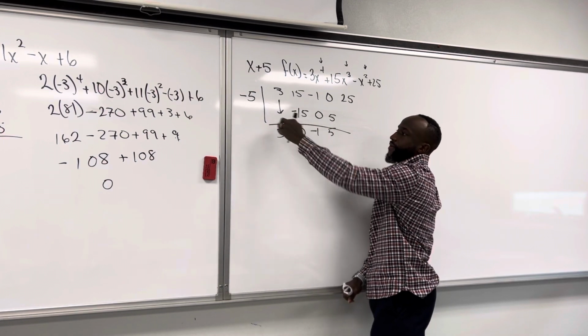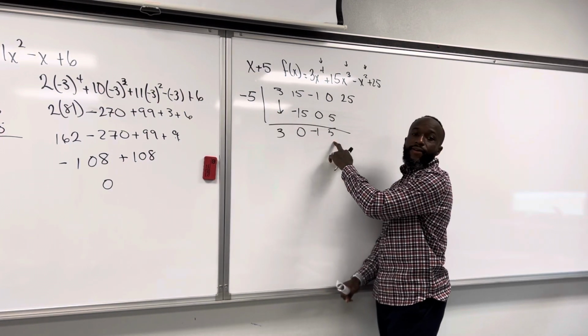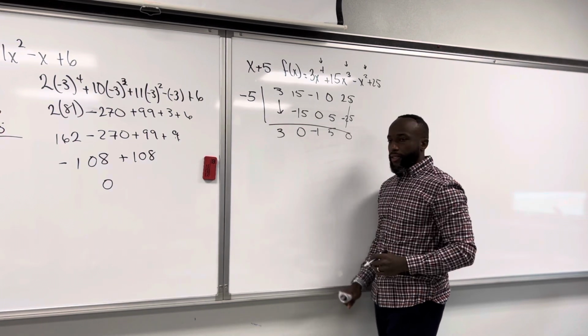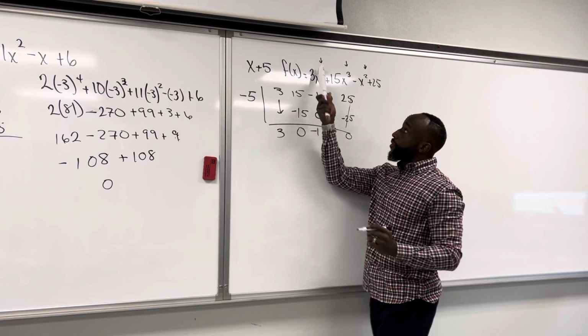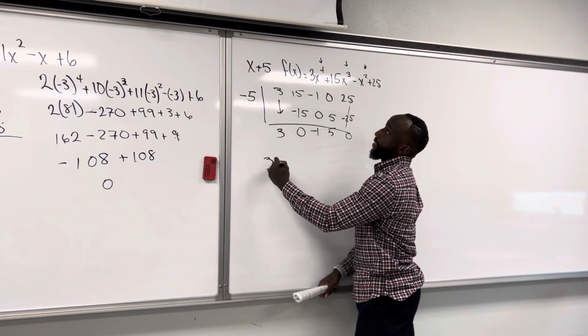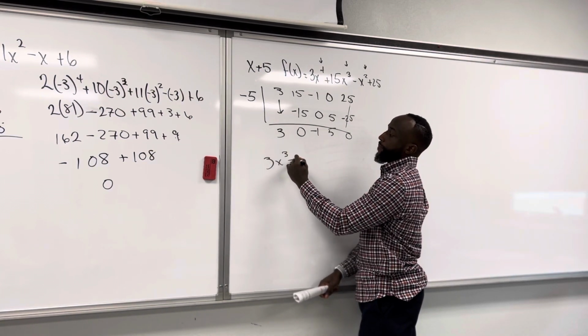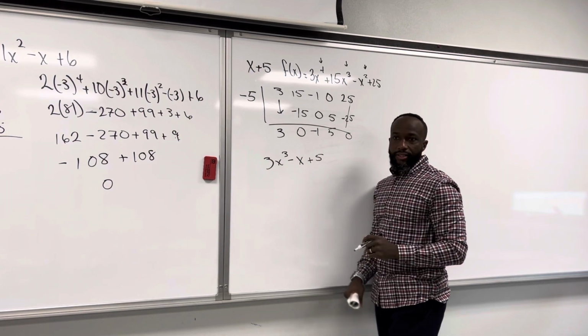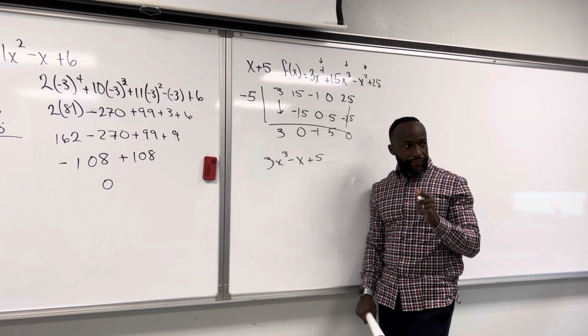So it's positive 5. And then you got negative 5 times 5, which is negative 25. That becomes 0. So now our answer will be 1 exponent less. So it'll be 3x to the 3rd minus x plus 5. That is our solution, right?